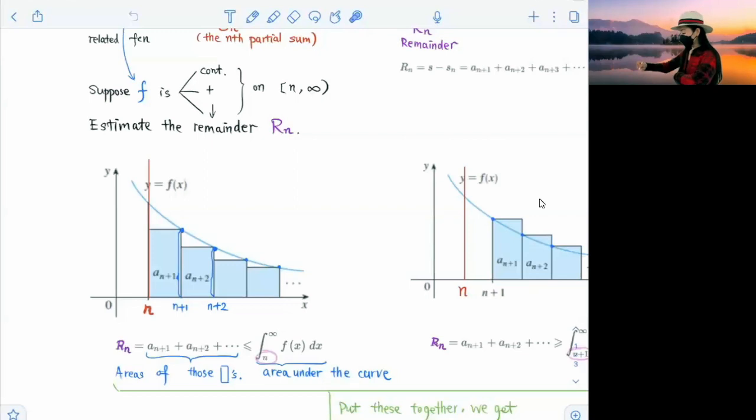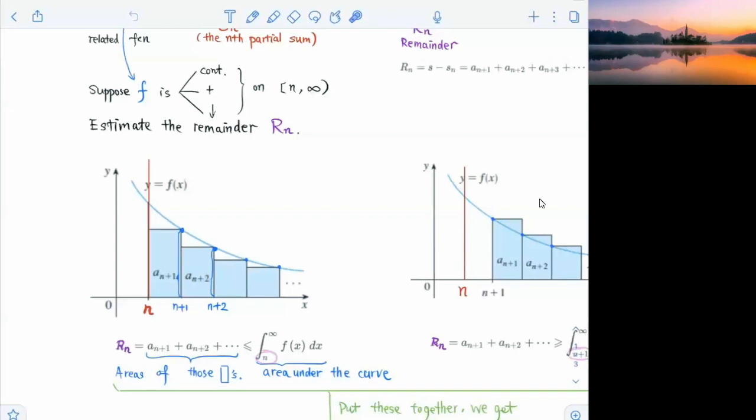Because the width of each rectangle is 1, the area of this rectangle is 1 times a of n plus 1, which is a of n plus 1.